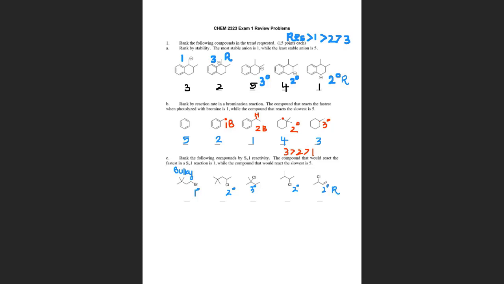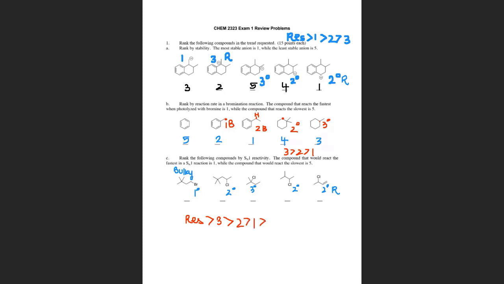All right, so for cation stability, what our goal is, we always like resonance first. Resonance is gonna always win. And then we have electron deficient carbon, right? So we want electron donating groups. Hence, a tertiary is going to be more stable than a secondary, which is going to be more stable than a primary.